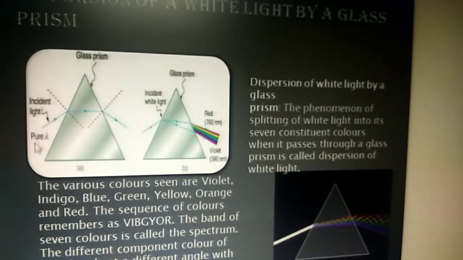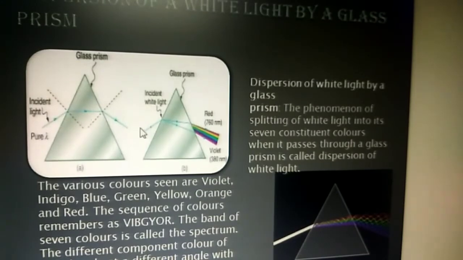If you consider a single color and extend this ray inside the prism, and in the same way extend the emergent ray, the two rays intersect and form an angle which is known as the angle of deviation, and these are the non-parallel surfaces which are inclined with an angle in between them. This angle is known as the angle of prism.